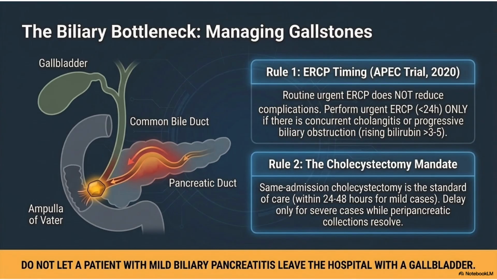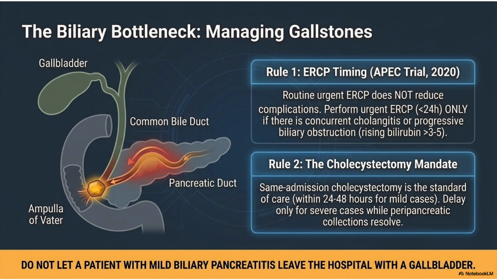You can potentially think about ERCP if things are worsening, but performing an urgent ERCP within 24 hours would only be necessary if you're dealing with concurrent cholangitis, not improving with antibiotics, progressive biliary obstruction, worsening jaundice. So if you don't have those complications, ERCP, you don't need to go anywhere near that.